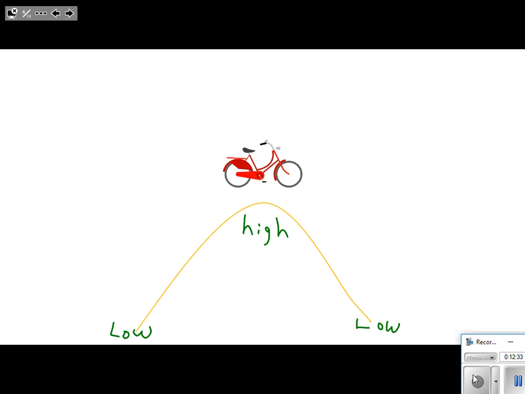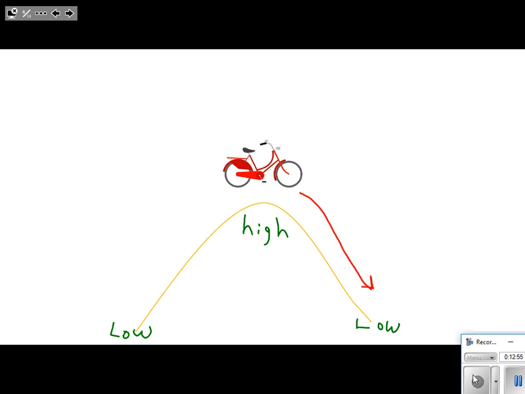Now, if I have my bike right there, and my bike is going downhill, am I going to have to pedal? Am I going to have to exert any energy to go down that hill?